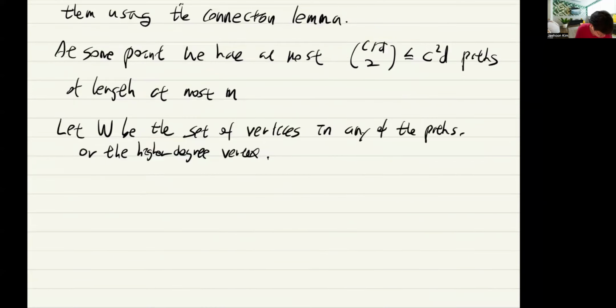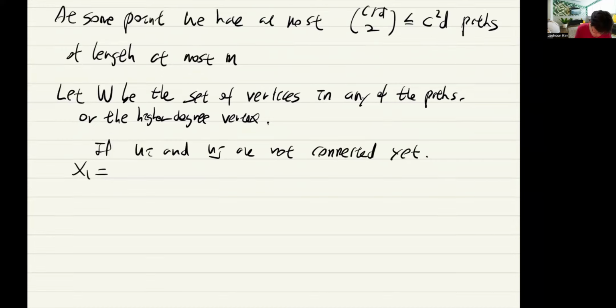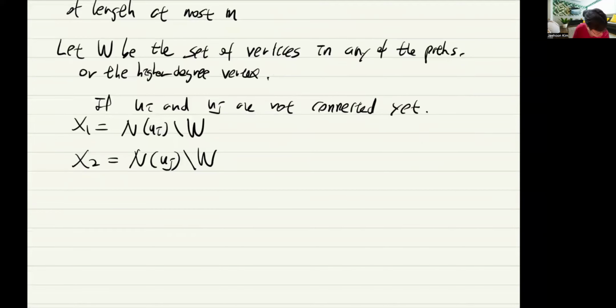Then what? So if ui and uj are not connected yet, then let X be the neighborhood of ui except w, and let Y be the neighborhood of uj except w. Then what?